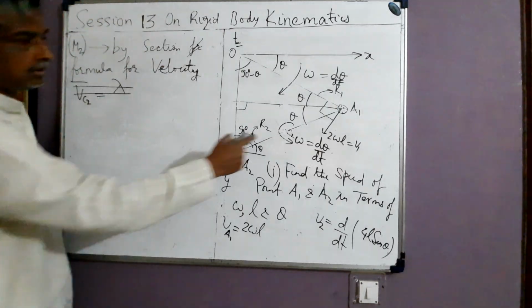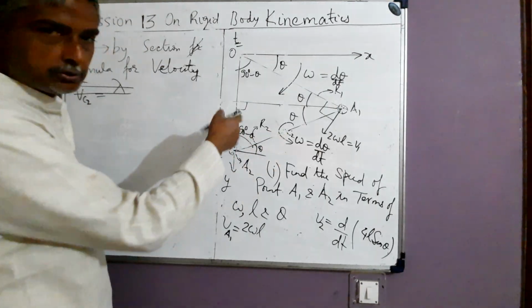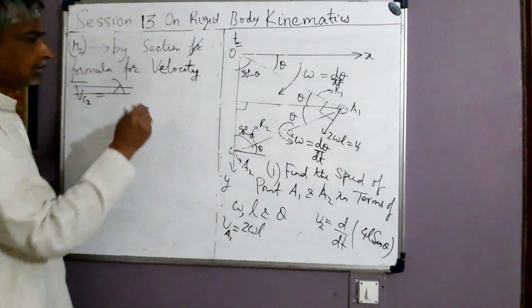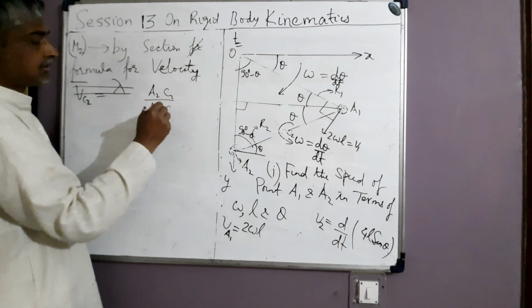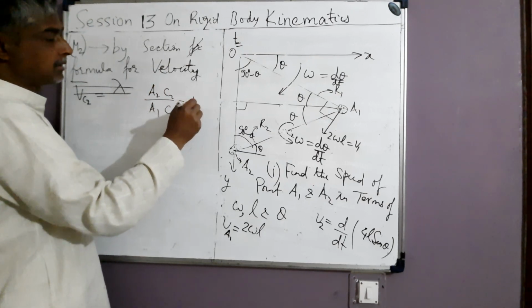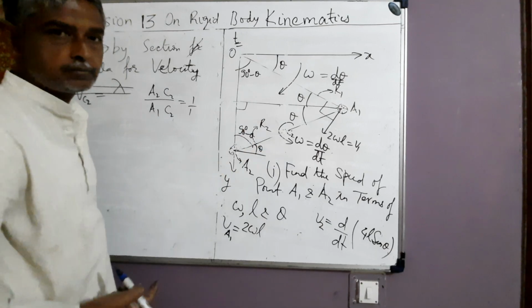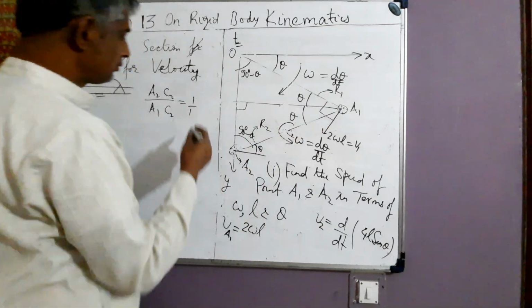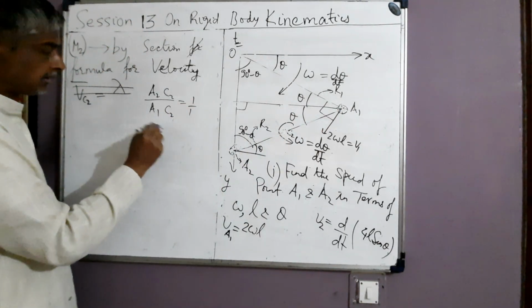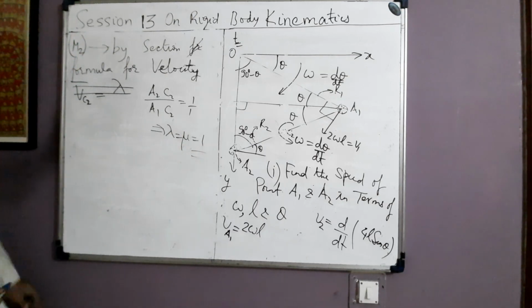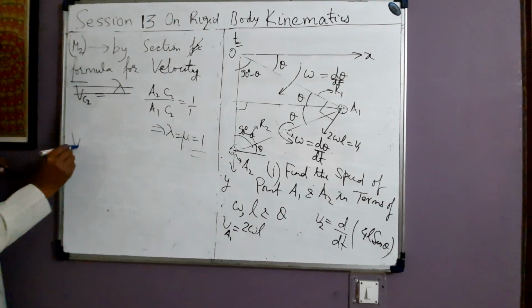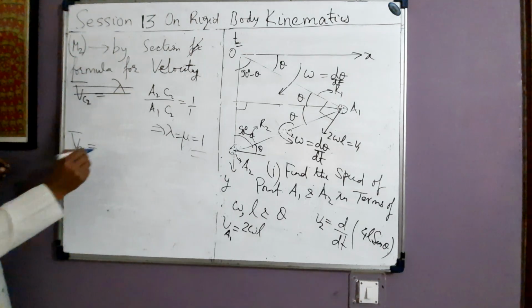You can see that A2 C2 by A1 C2 is just equal to 1 by 1 because C2 is the midpoint of A1 A2. So this means lambda is equal to mu is equal to 1.